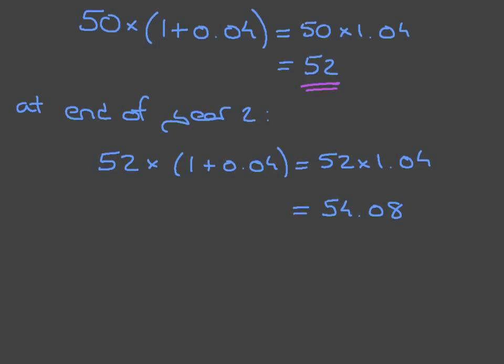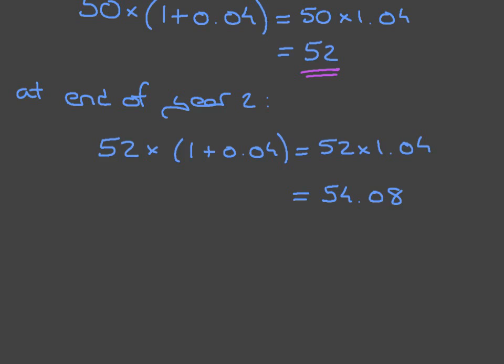Finally, we're going to calculate how much she has at the end of the third year. In a similar way, this time we're going to use how much money she had at the end of the first 2 years, which was 54.08, and we're going to add 4% to that.